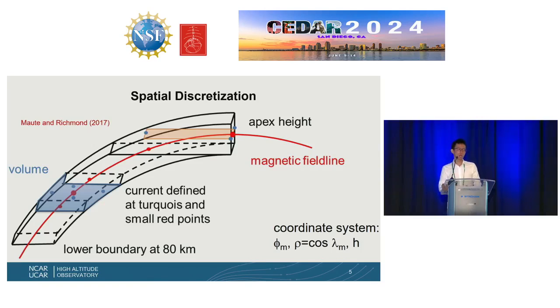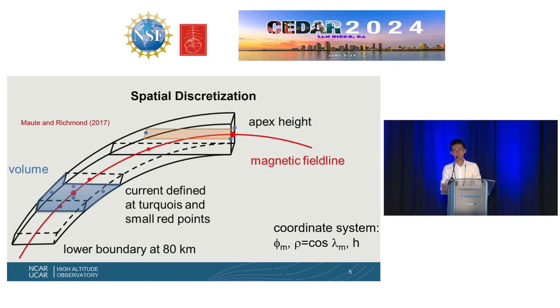How to solve this equation is by a certain numerical method. This figure shows the spatial grid we are using to solve the previous partial differential equation. We are setting up grids along the field lines, and each grid covers a distinct field line.